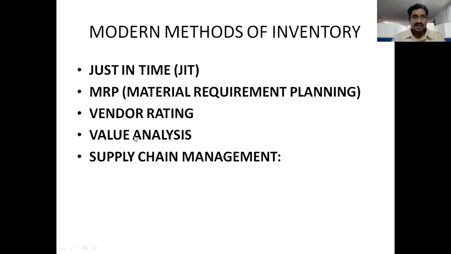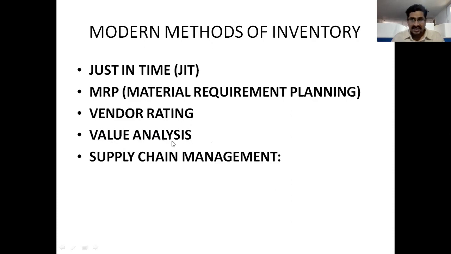And coming to the next thing, value analysis. Value analysis means check the product quality and the quantity. Here, value means product value, product capabilities, product capacities.